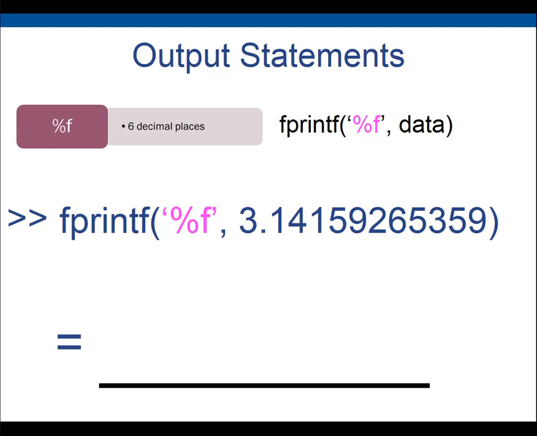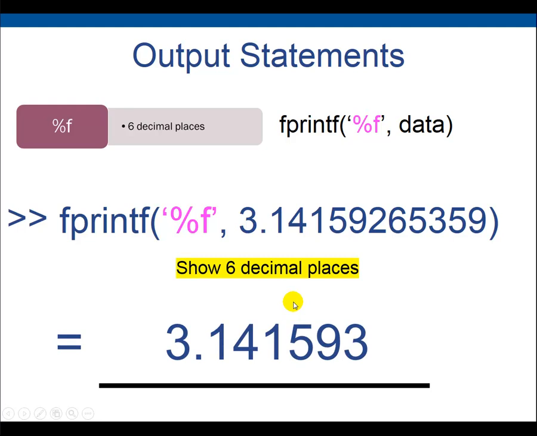There are many long decimal places, but if we use %f, what did I say? It shows the number with 6 decimal places. So the answer is 3.141593, 1, 2, 3, 4, 5, 6. Only 6 decimal places.